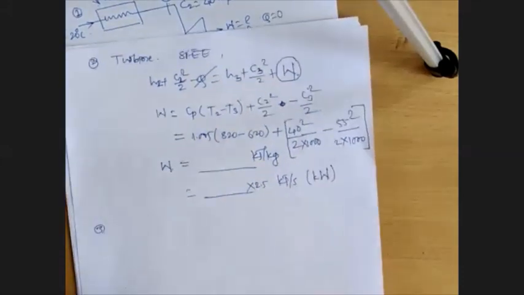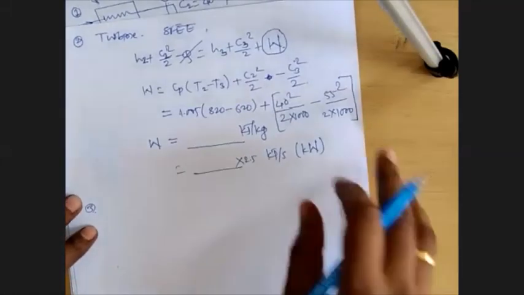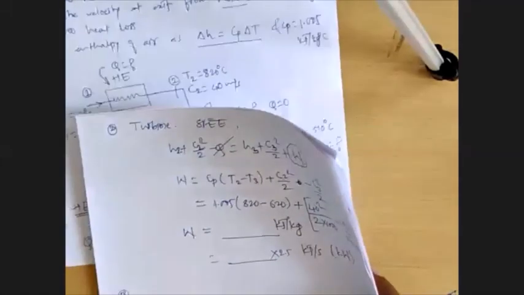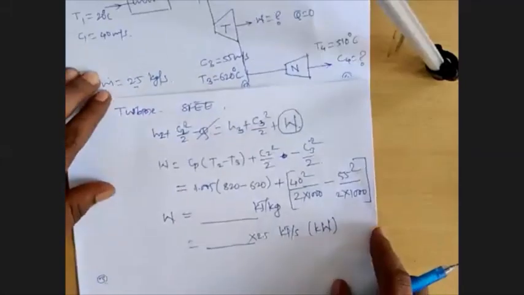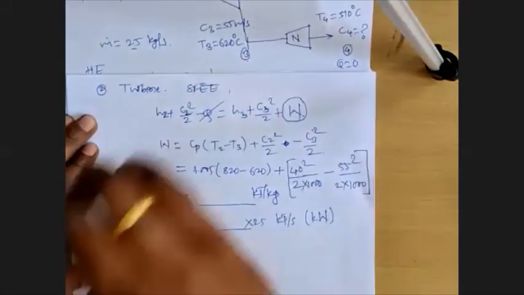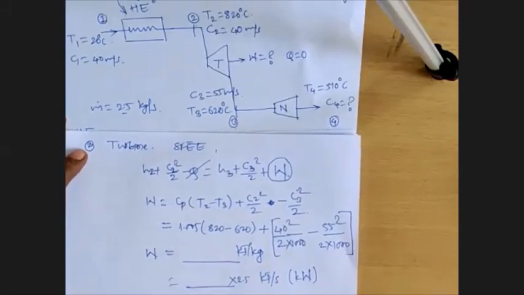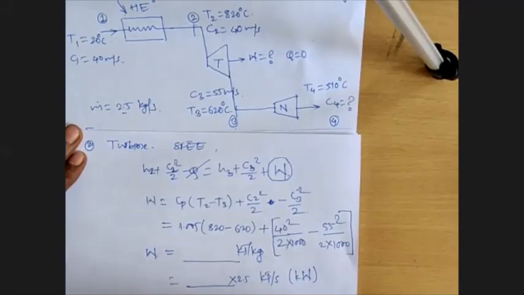Yes, what is W? Four hundred point four eight five. 400.485. 500.7. 500.7, the difference of 100.